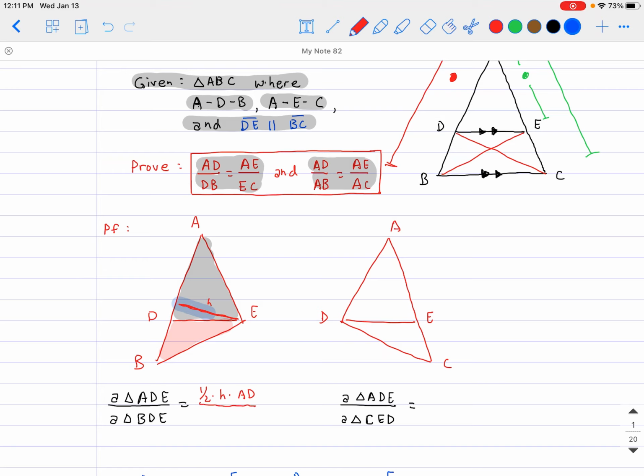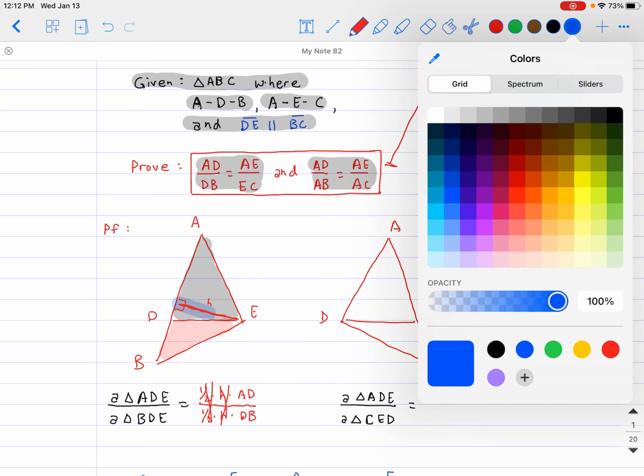Then divided by the bottom triangle, it's going to be 1/2 multiplied by the height, which is also h, because these two triangles share the same altitude, multiplied by its respective base, which is DB. So you can see that the 1/2 cancels out, the h cancels out. So the ratio of their areas is going to be the ratio of the bases, which is AD divided by DB. Then for the other triangle on the right hand side, I'm going to do something similar.